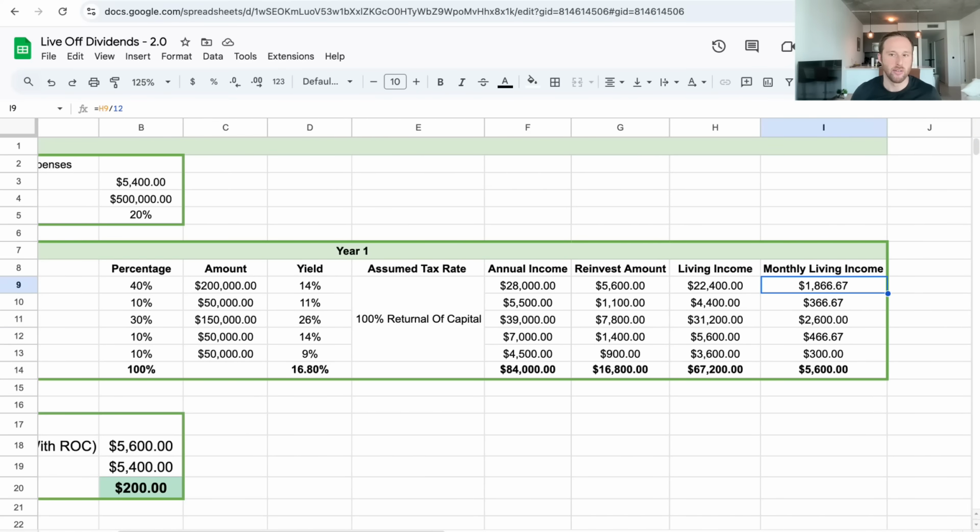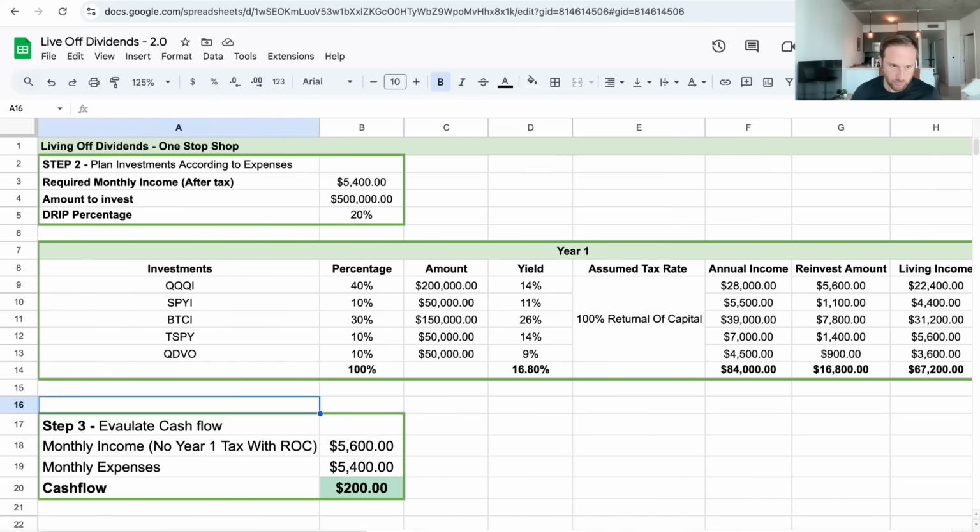That's what the monthly living income is, and that gives us 67,000 of the 84K. Again, we're reinvesting 17,000, and monthly we have 5,600. Divide this by 12, we get to 5,600.